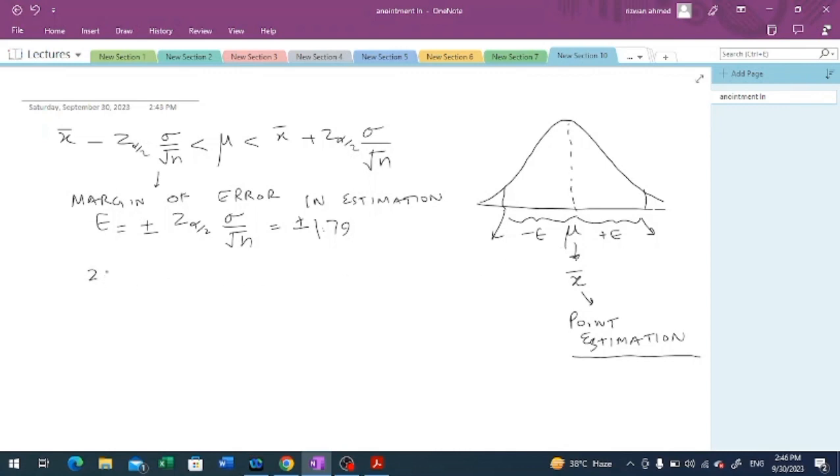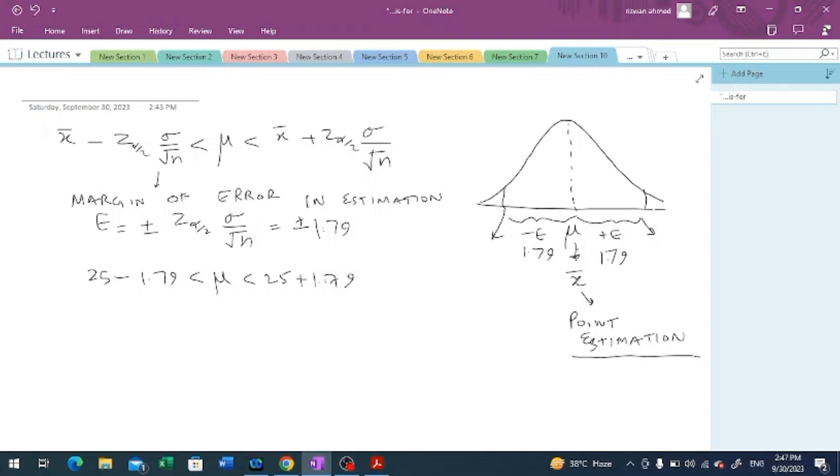What we have done is 25 take away 1.79 and 25 plus 1.79 added to it, and we get the lower and upper bounds. So the lower and upper bounds of the unknown population mean mu, what we are determining, is within 1.79 dollars away from the population mean value.